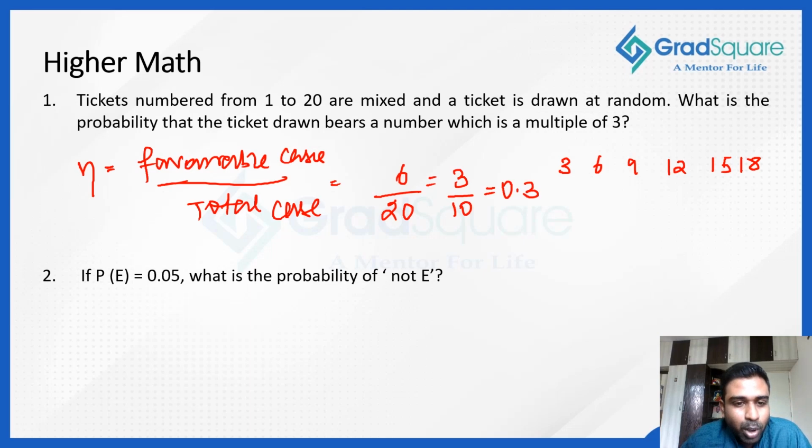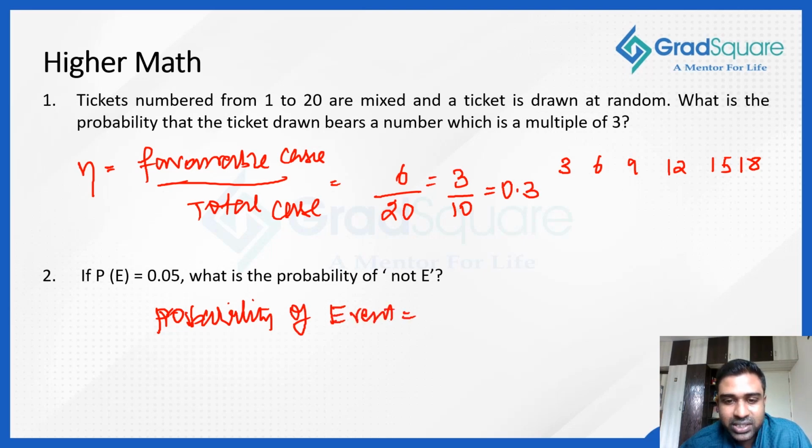Again here, probability of an event E is 0.05. What is the probability of not E is the question. Total probability of any event is always equal to 1.